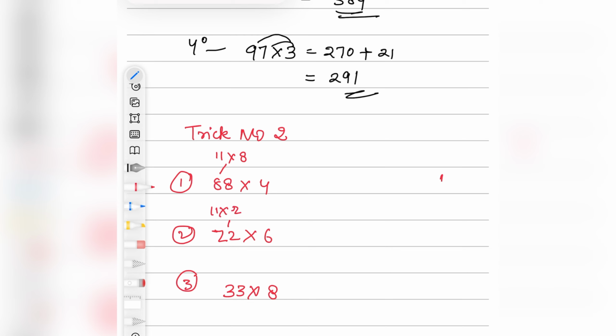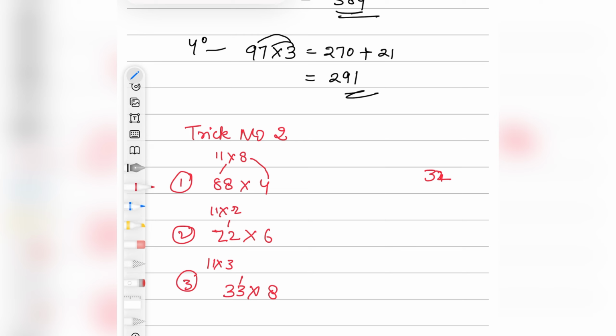And 33 can be obtained by 11 into 3. Right? What we have to do now is, you have to multiply this 8 with 4. 8 into 4 is 32.